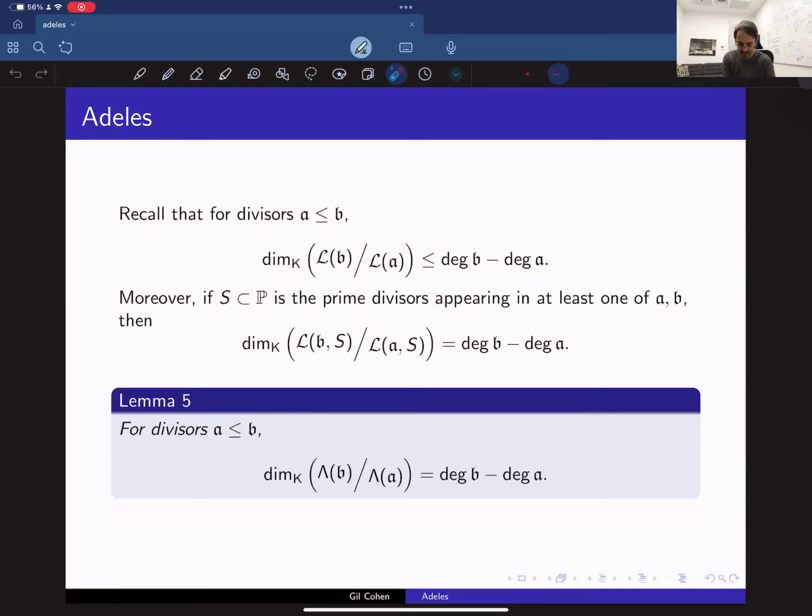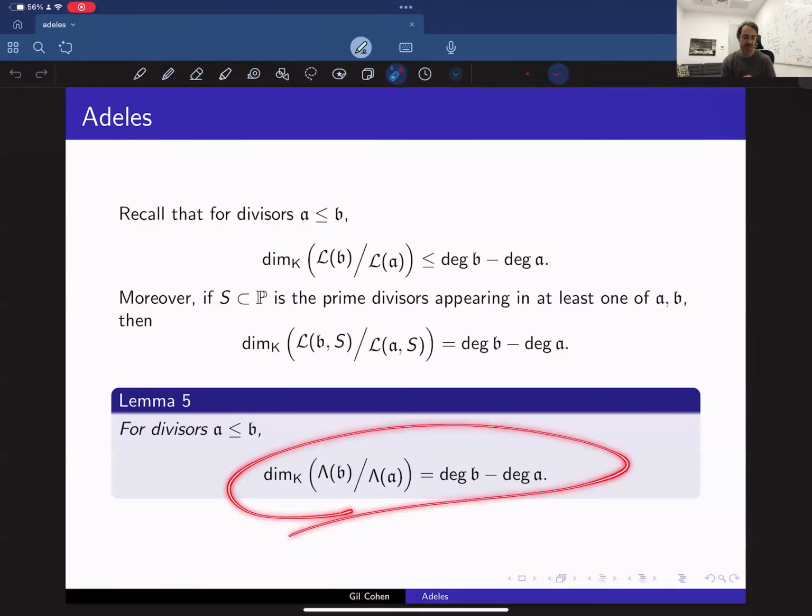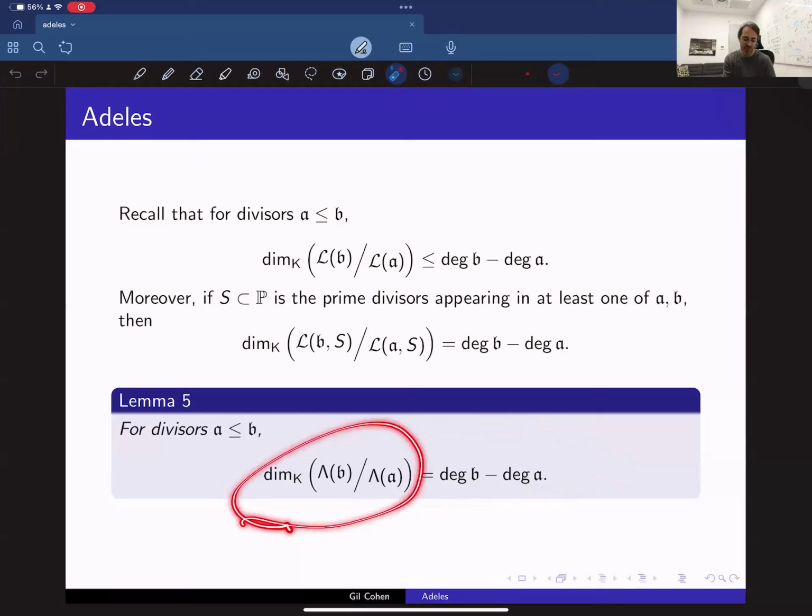So we do really like the equalities because they tell you that you capture something, but we don't quite want to work with these truncated versions of Riemann-Roch spaces, and we prefer to go to Adeles, which are more complicated, but as I said in the lecture, they somehow give you a good mix of global and local properties of your function field, and we rather have this as an explanation for the degree difference. And you saw in the lecture, and you will see in what we prove next also, that you can take this kind of a long way.